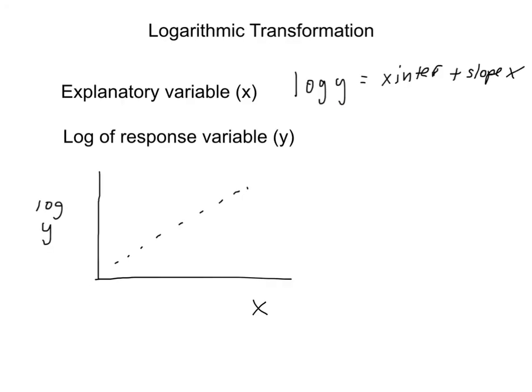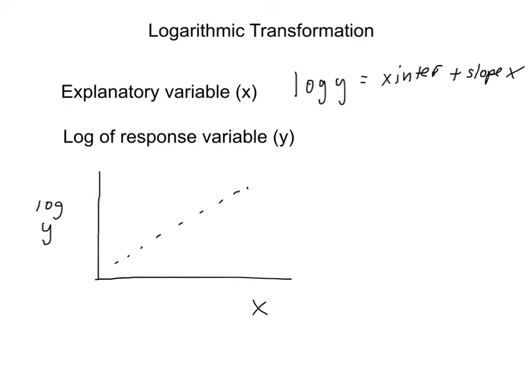The next step when you figure out whether something is a power function or an exponential function is you're going to want to do a logarithmic transformation to get a linear relationship. Even if you don't start off with a linear relationship, you're going to get to a point where you can do a least squares regression line or something similar.